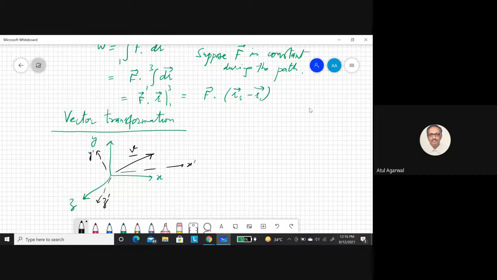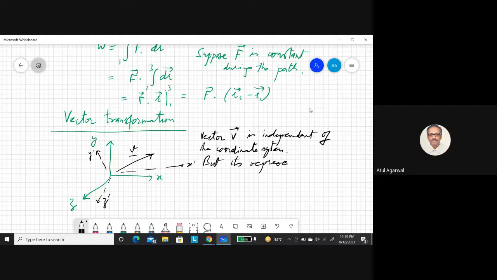Vector V is independent of the coordinate system, but its representation depends on the coordinate system.